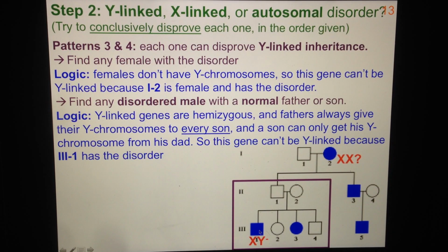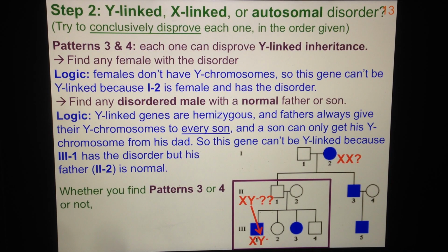Since this person has a disorder, his Y chromosome must be mutated, and that Y chromosome must have come from dad. So dad should have a mutated Y chromosome as well. But wait a minute, that dad is not disordered. So that can't be possible. You can't have a disorder down here but not get it from the dad. Since it's not possible with Y linkage, we've disproven Y linkage.